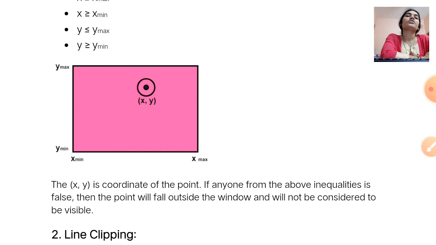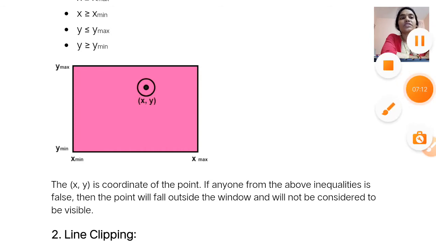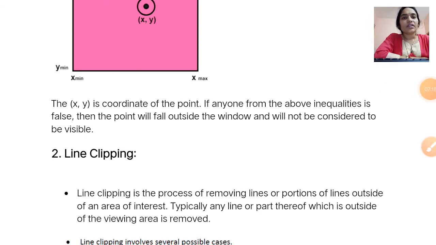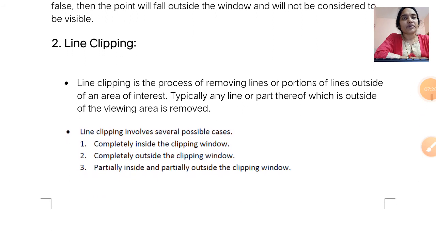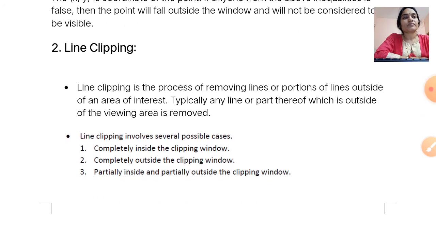So this is point clipping. Let us discuss line clipping. Line clipping is the process of removing lines or portions of lines outside of an area of interest or window.